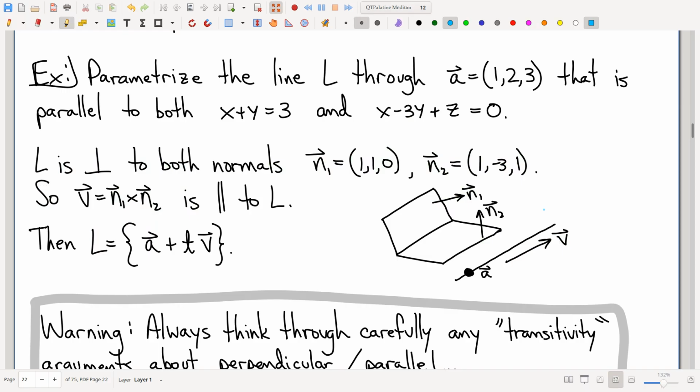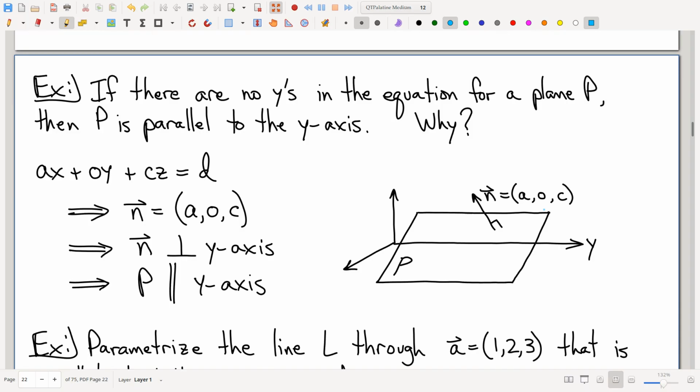Okay, and I do have a warning for y'all. I will point out that one of the aspects of the geometric appeal that I made here is what I'm going to call a transitivity of sorts.